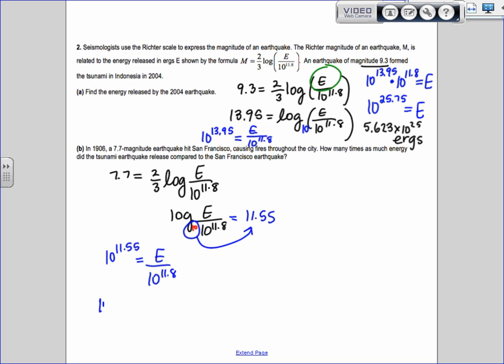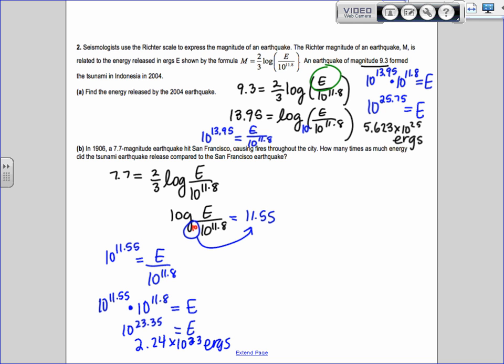We multiply over, so I have 10 to the 11.55 times 10 to the 11.8. That's going to be my ergs, my energy. So I get 10 to the 23.35, and if I do 10 raised to that answer, it's like 2.24 times 10 to the 23rd ergs.